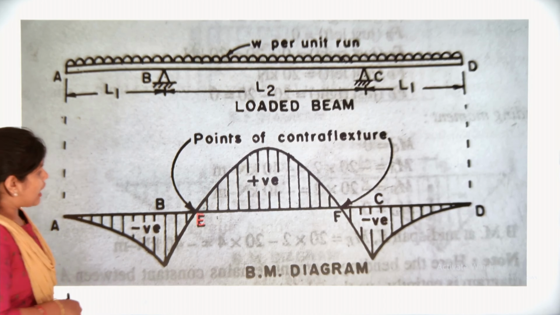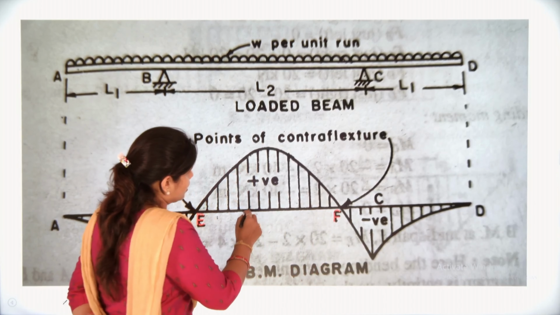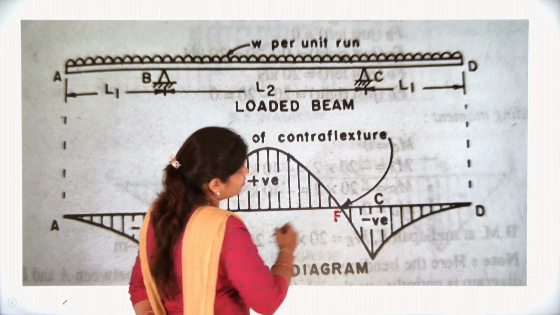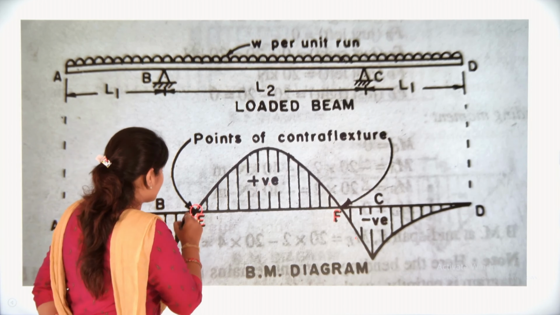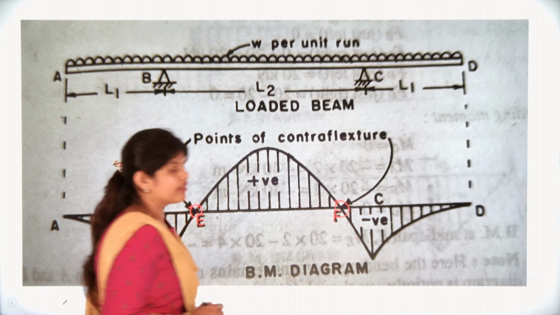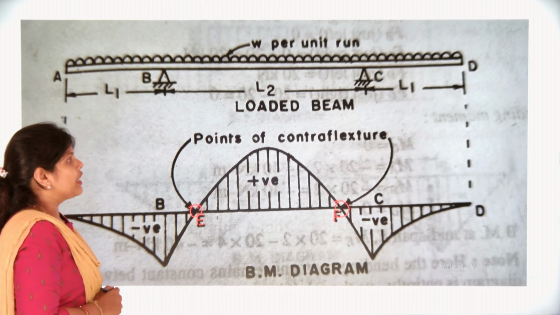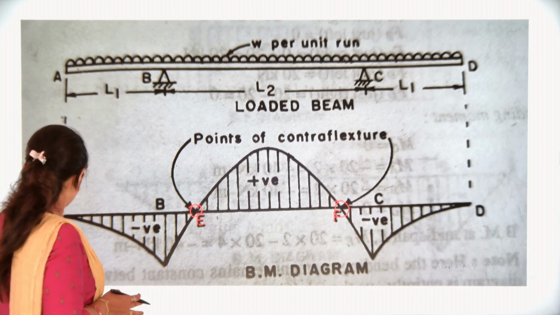Also after this point F, the sign changes from positive to negative. So these 2 points will be termed as points of contraflexure or points of inflection. If we solve a numerical on the basis of this, we will know better.